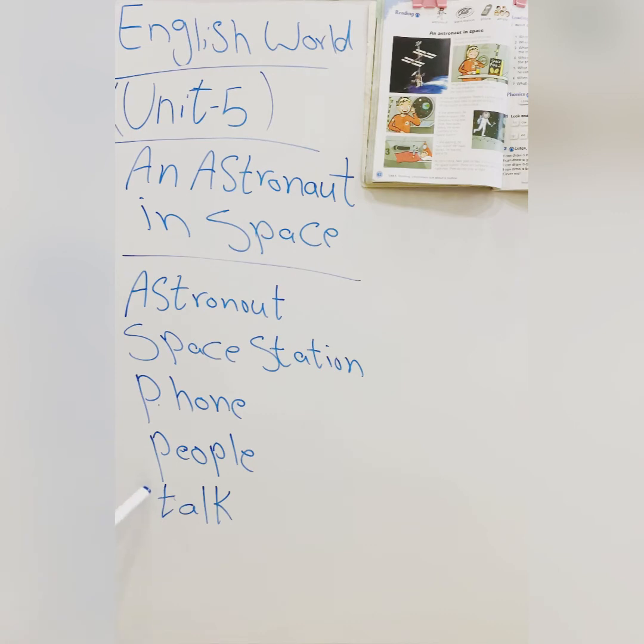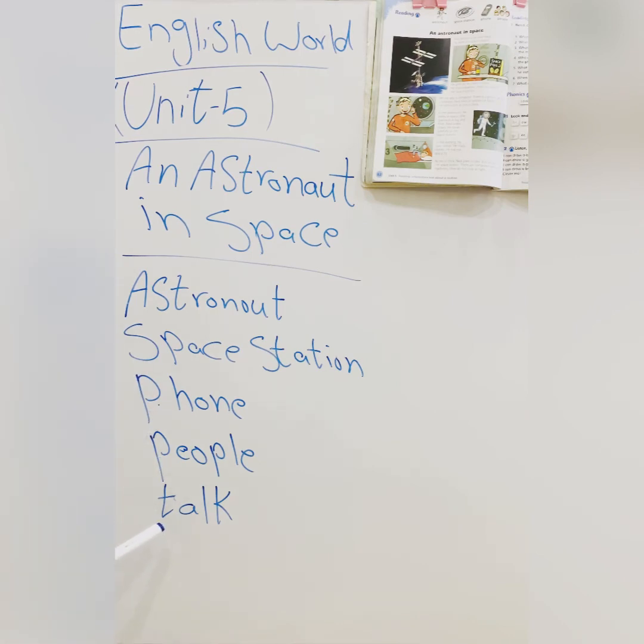This is talk and this is pupil. We need to use the phone and computer to talk to the people on Earth and tell them information about space. So we have astronaut, space station, phone, pupil, and talk.